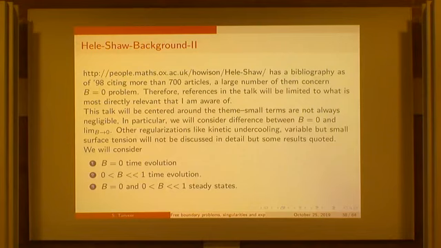So the basic sub-theme of this particular talk is that small terms are not always negligible, right? In particular, we will consider the difference between b equal to 0 and the limit b tending to 0. So what's b again? B is the surface tension parameter.